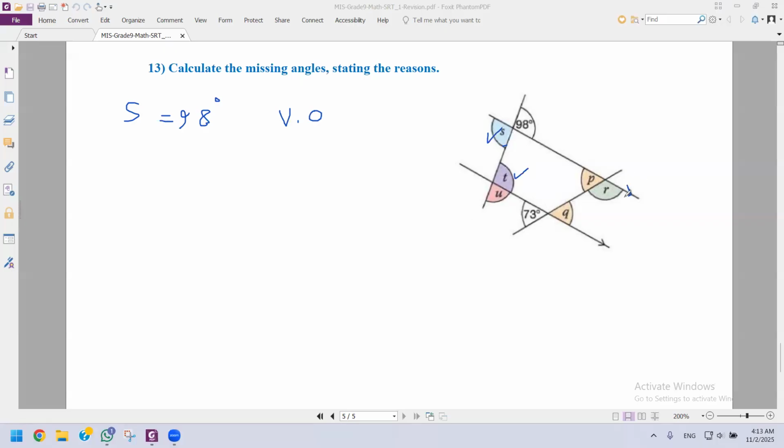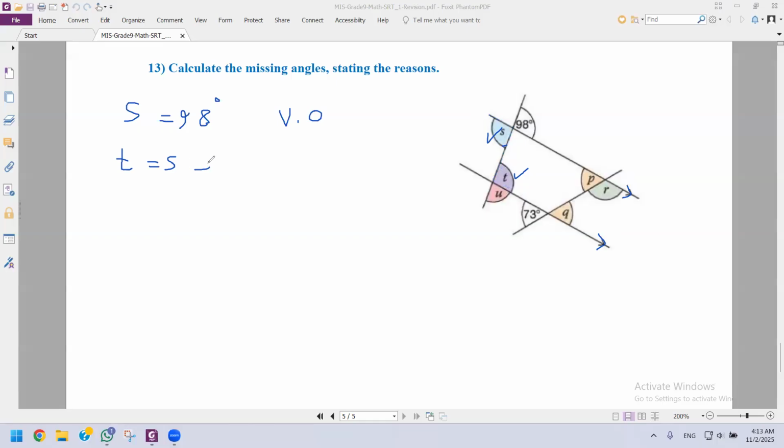So we look, what are those two arrows mean? These two arrows mean these two lines are parallel. So if I have parallel lines, there's something called alternate or corresponding angles we can use. Now, you will say that t is equal to s. Why? Like a Z shape, which is alternate angles.